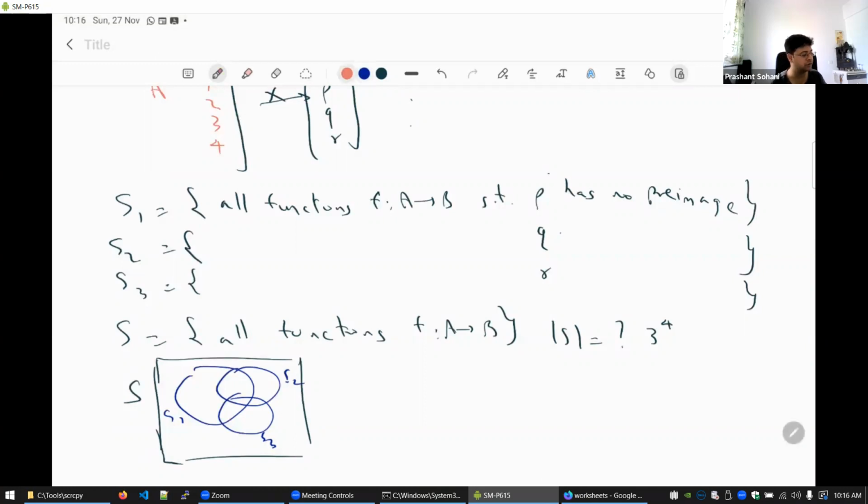We want to count the region which is outside all the 3 sets, right? We want to count the complement of that really. So what we are interested in counting is this exterior region, because this will contain all our onto functions. Does that make sense?